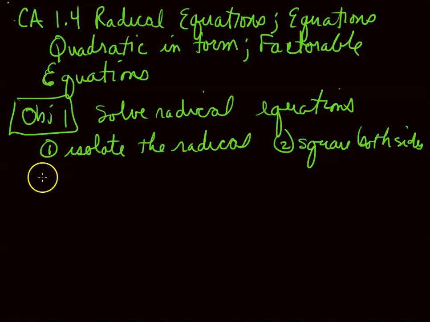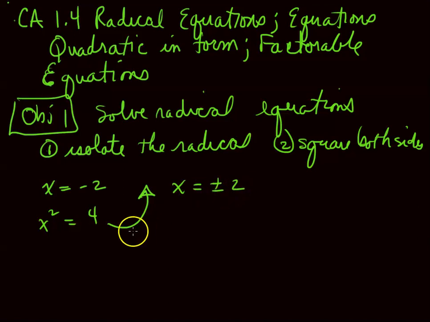Because squaring both sides can introduce extraneous solutions, you need to check your solutions once you have squared both sides and you get an answer, because they may not be correct. If your final answer were x equals -2 and you squared both sides, then going backwards and taking the square root, you'd get x equals plus or minus 2, because both of those, if you square them, give you 4.